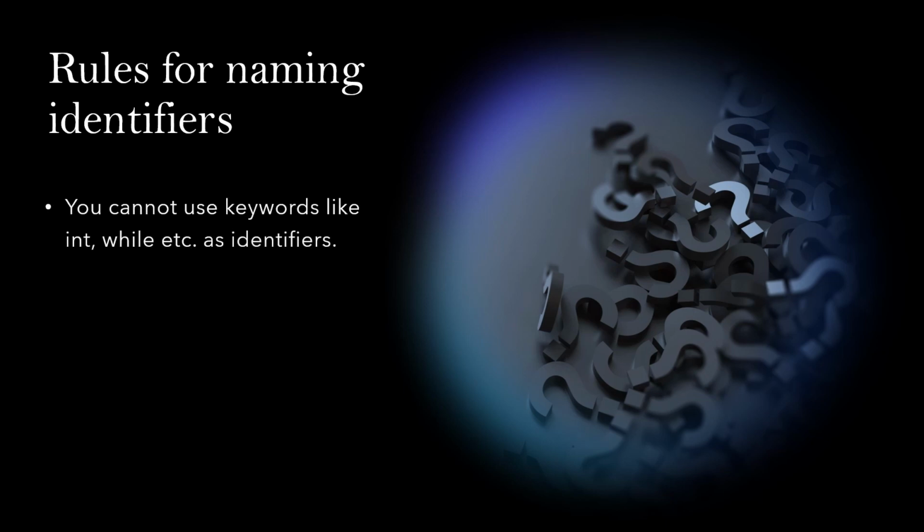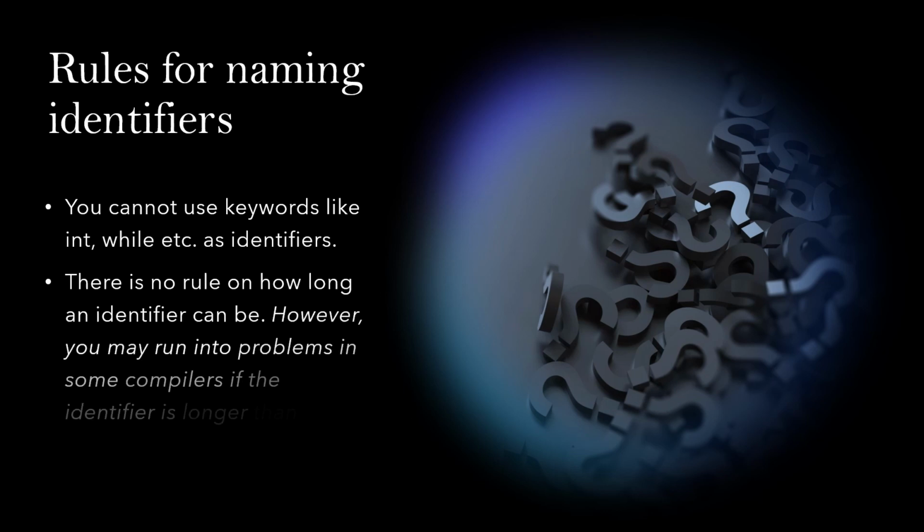You cannot use keywords like int, while, etc. as identifiers. There is no rule on how long an identifier can be. However, you may run into problems in some compilers if the identifier is longer than 31 characters.